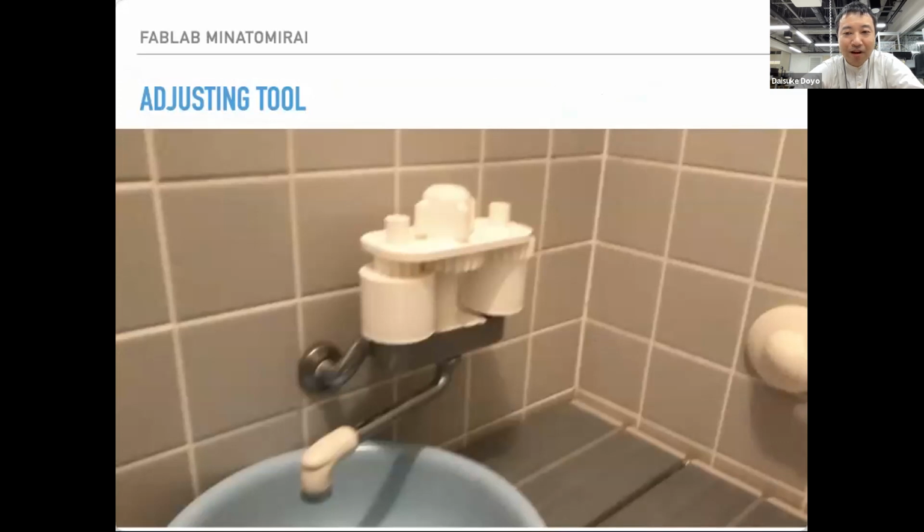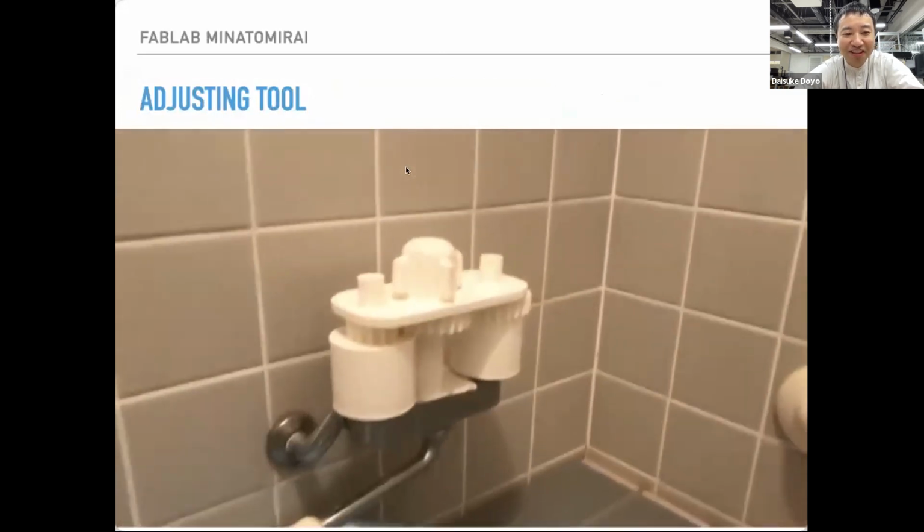This is a tool for adjusting the perfect ratio of hot and cold water.